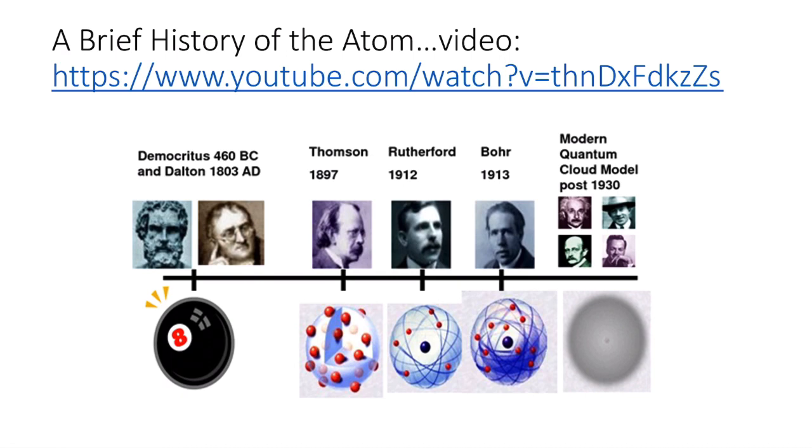So not a lot changed in 100 years, but after that there was a bunch of discoveries and theories relatively close together. So Thomson in 1897, Rutherford in 1912, Bohr in 1913, and then in 1930, there were a bunch of contributors to the modern quantum cloud model, which is basically what we are currently working with in today's time.